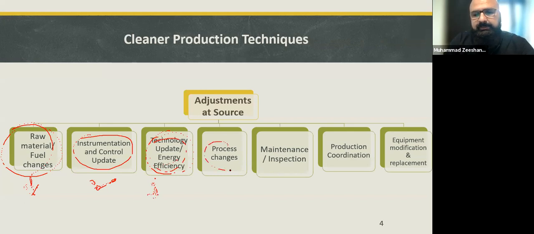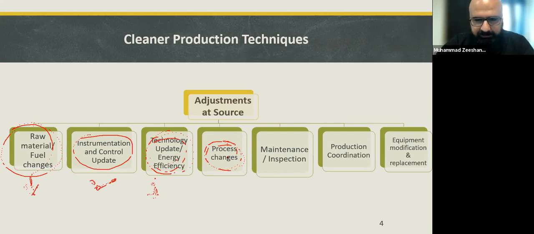Sometimes we change the process in the industry in order to reduce emissions. For example, you must have heard about catalysts, right? Catalysts make reactions easier, which means you achieve the same chemical reaction at lower temperature or lower pressure. In industry, we have hundreds of chemical reactions involved. We have reactors in which raw materials react with each other to form the final product.